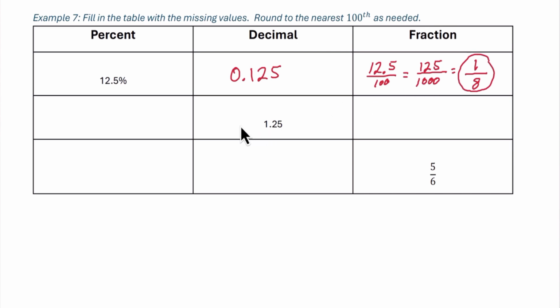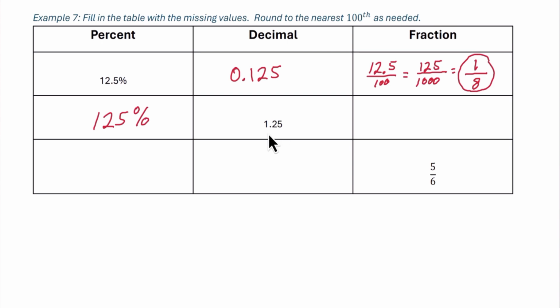In the next row, we're given the decimal. We want to start by writing it as a percentage. To write a decimal as a percentage, we multiply by 100, which essentially moves that decimal 2 times to the right. And then we tack on the percent sign. To write this as a fraction, it may be helpful to read it.